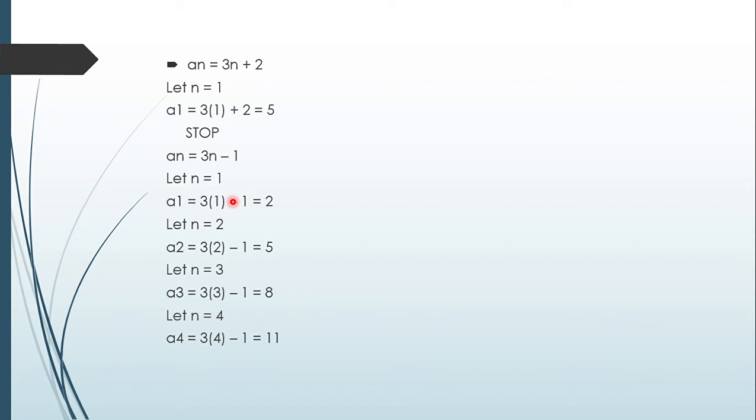Yung gagamitin natin na formula or ang nth-term formula ng letter A or ang sequence na ito is 3n minus 1. So, si 3n plus 1, 3n plus 1 ay hindi yan sila pwede maging nth-term formula. So, dapat ang maging nth-term formula is pag i-checking mo, lalabas ang result sa lahat ng mga numbers sa sequence.